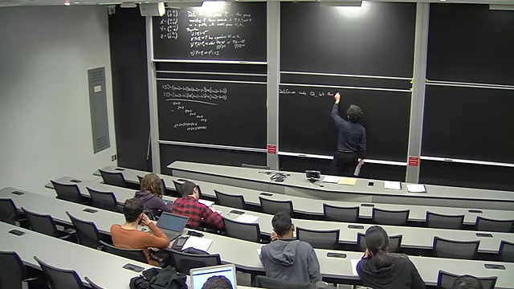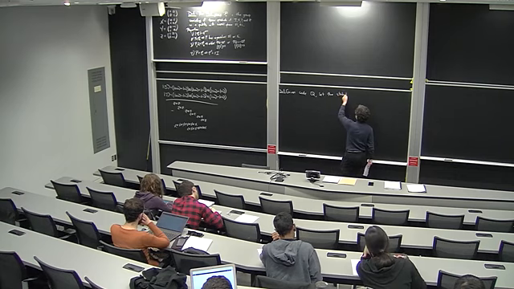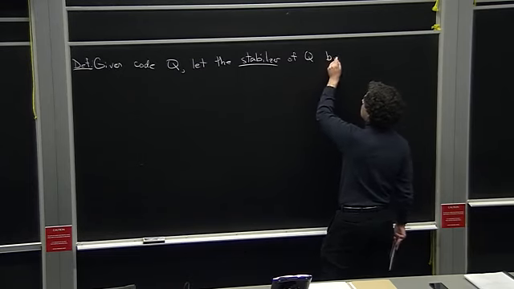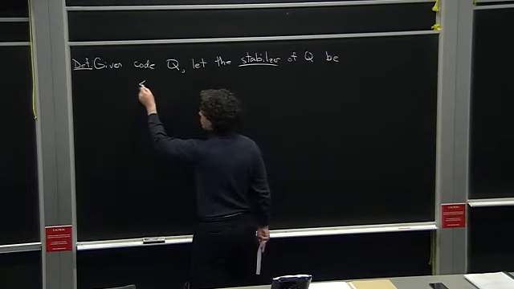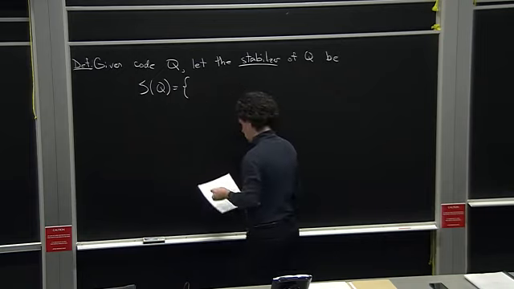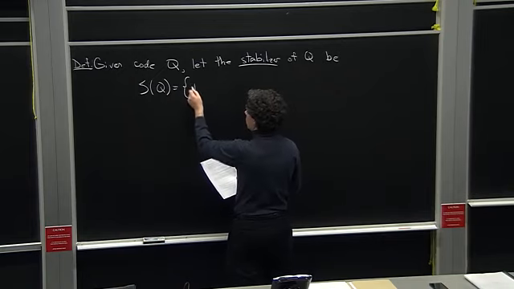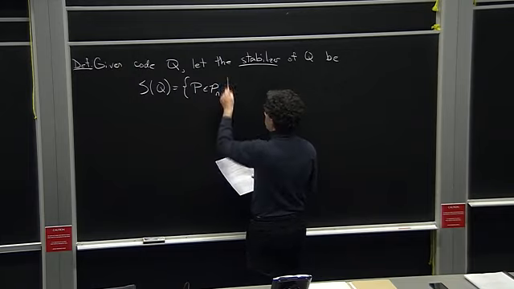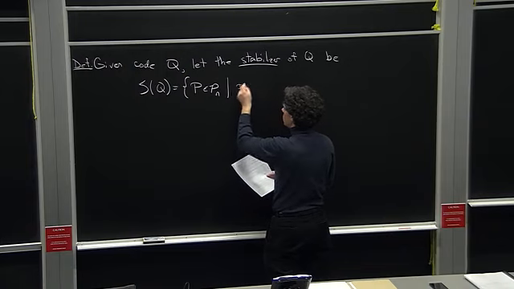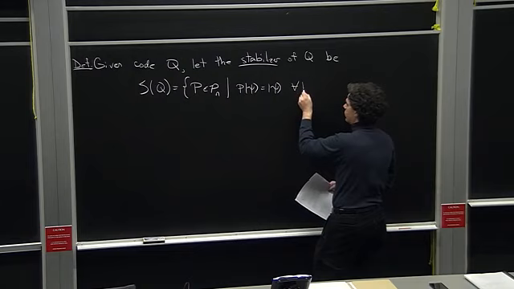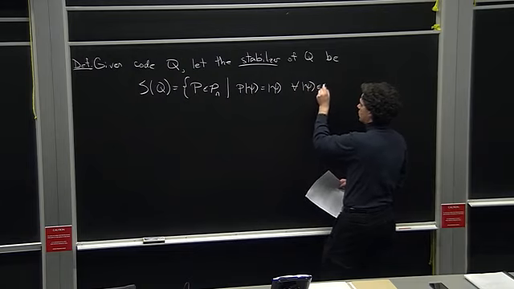The stabilizer of Q is going to be the set S of all Paulis in the n-qubit Pauli group such that P psi equals psi for all code words.